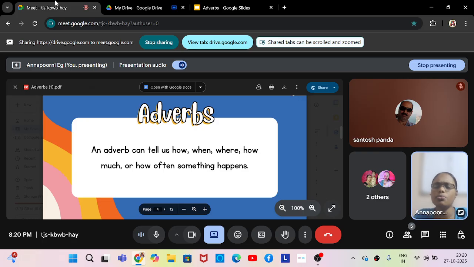Similarly, for the word when. Where do we use this word when? For what purpose we use the word when? Kab, right? In Hindi, kab. It means to ask for a time, or it means to speak about a particular time. So whenever you are asking a question, for example, when is your exam?